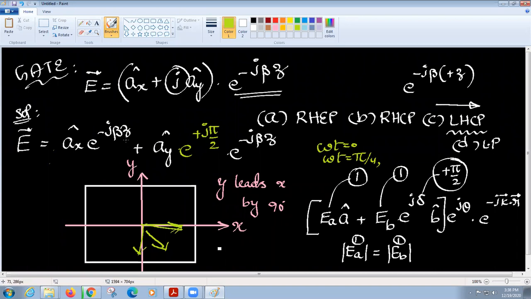So beta z, if you want to draw something on this transverse plane, just put z equal to 0. Z equal to 0 means we are sitting on this transverse plane. Now you just start playing with this, you'll get the answer. That's it.